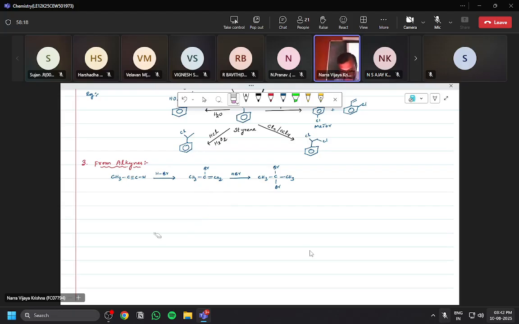If the same thing happens with the Karash effect, we get the anti-Markovnikov product. Now radical formation occurs, and in radical formation such things are not possible. So instead of geminal, you will get vicinal dihalides now. First step, what happened? Anti-Markovnikov product, correct?